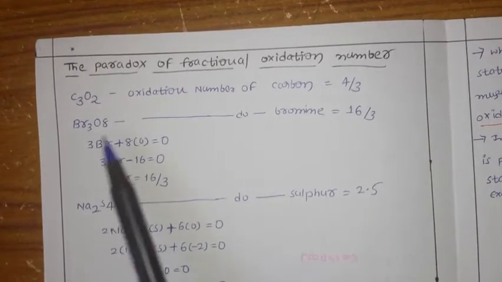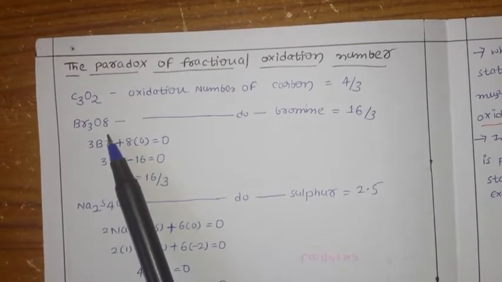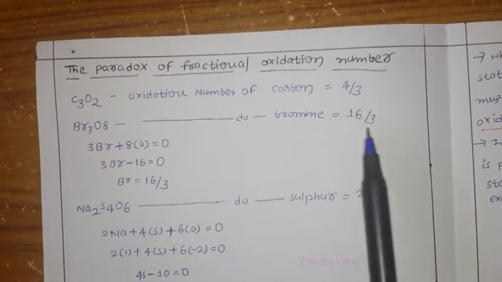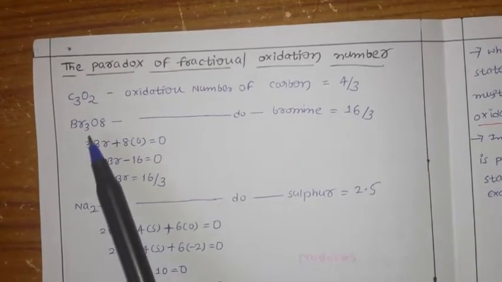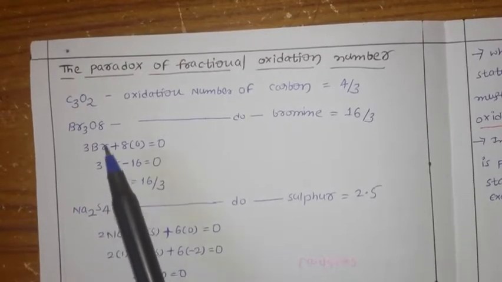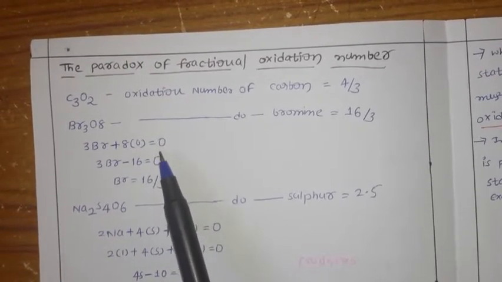Now if you see bromine oxide, Br3O8, the bromine oxidation number is 16/3. How? We have 3 bromine atoms plus 8 oxygen atoms, equal to 0.